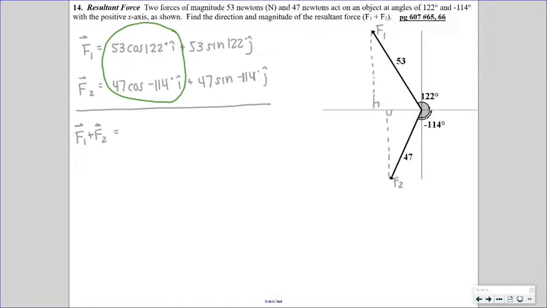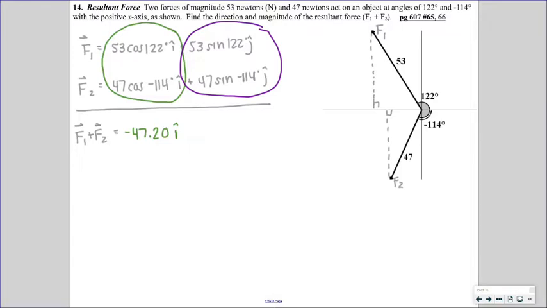53 times the cosine of 122 plus 47 times the cosine of negative 114. That is negative 47.20 i hat. And then I can do the same thing for the forces in the vertical direction. 53 times the sine of 122 plus 47 times the sine of negative 114.